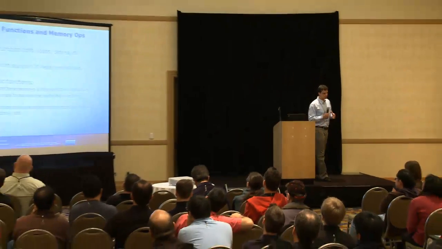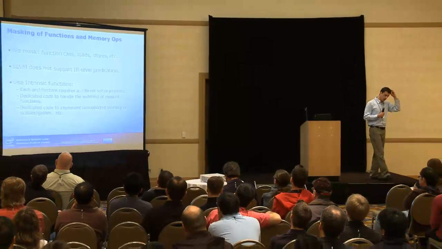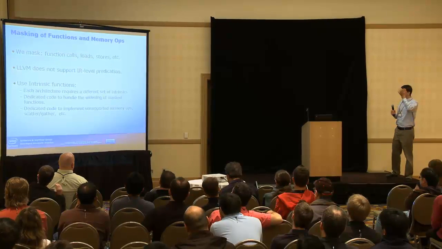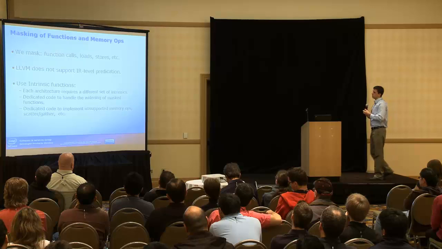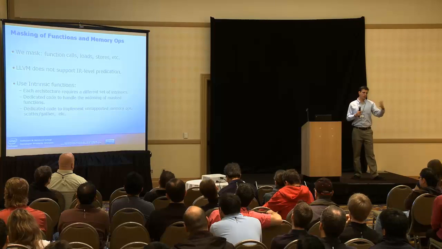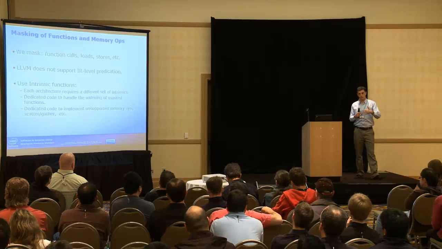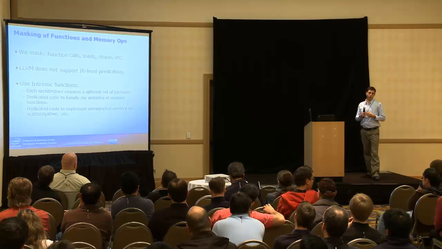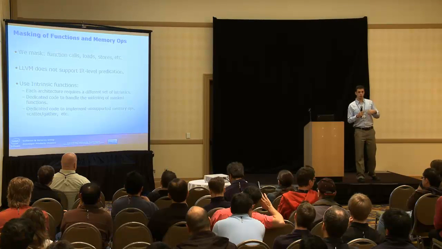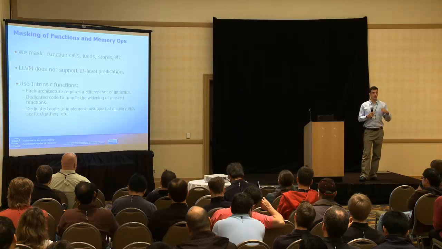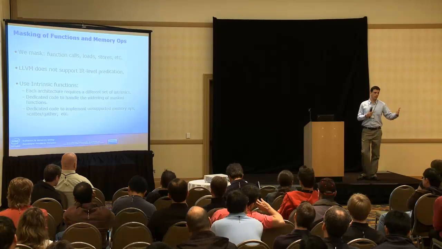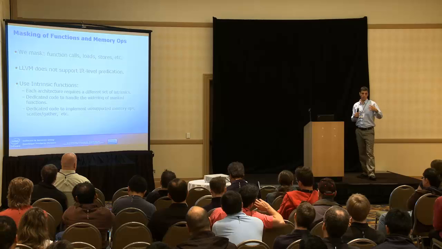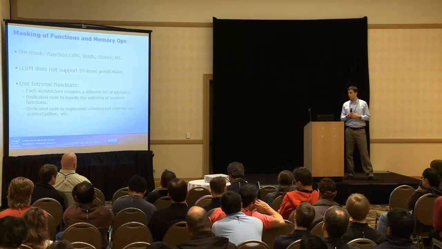Now, how do we mask? How do we predicate instructions? First of all, we need to predicate function calls for obvious reasons, because we don't want to call the function if the work item is not active. We also need to predicate loads and stores, because we don't want to store junk to memory, or load from an invalid page in memory, because we may hit a segmentation fault.